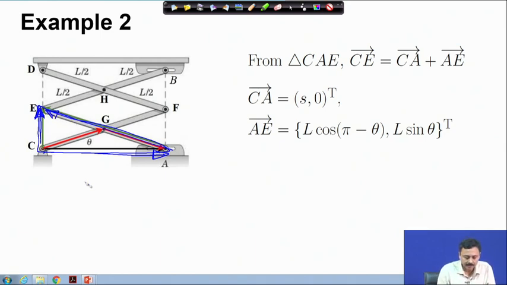Now, the vector CA is nothing but S i cap in the coordinate system we have chosen, and AE, this vector, can be represented in this form.